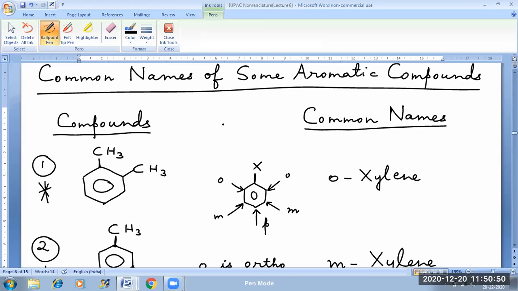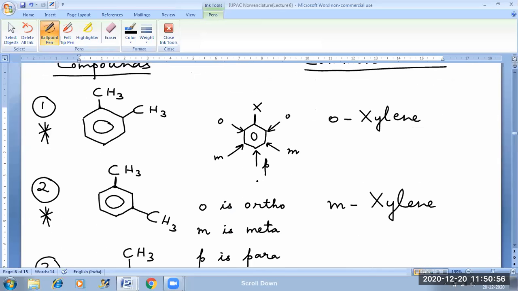What about para? Para is the diametrically opposite position. So now you can understand this. If you look at this particular structure shown, here the benzene ring has something called X. Let's say X can be anything. It could be any functional group. It could be any halogen atom.